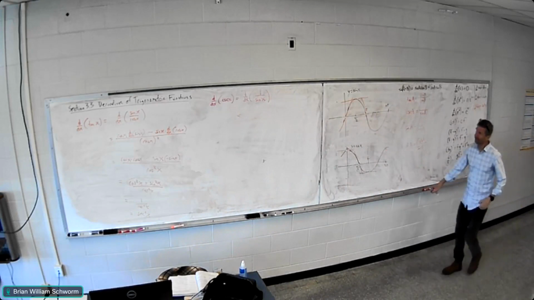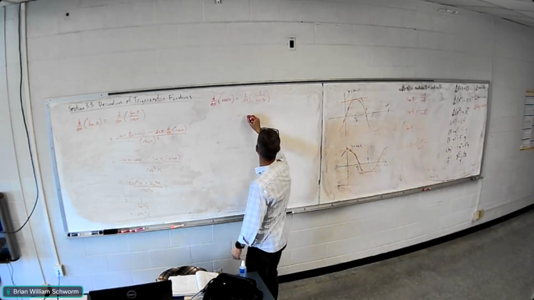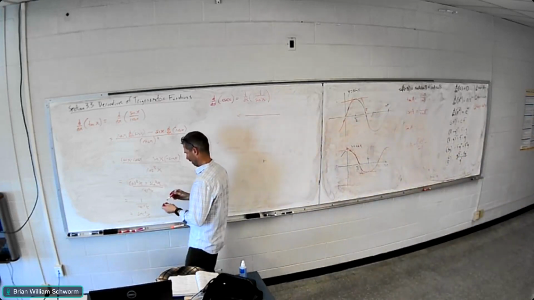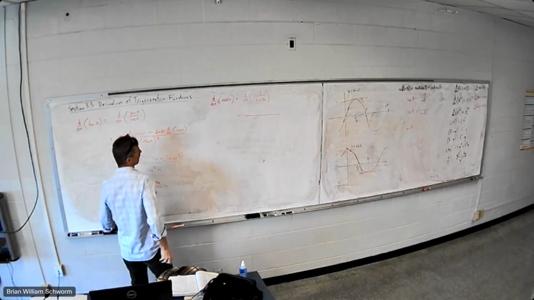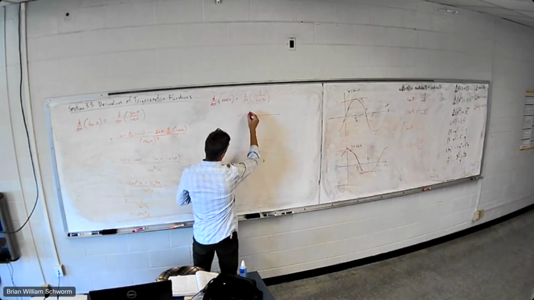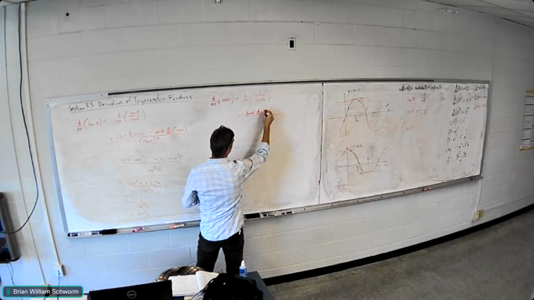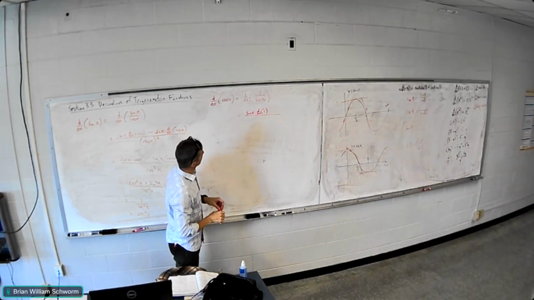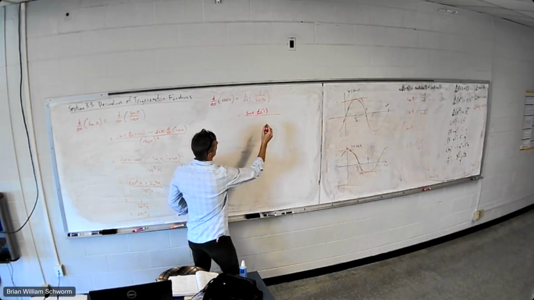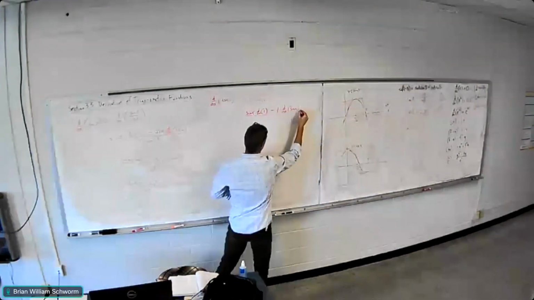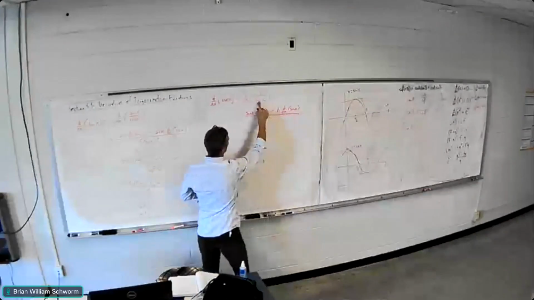Low d high: the bottom times the derivative of the top, minus high d low: the top times the derivative of the bottom, all over the bottom squared.